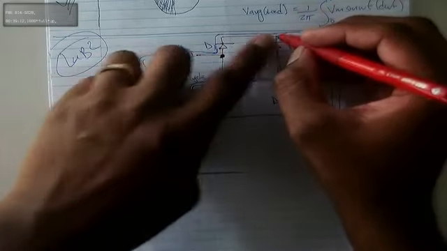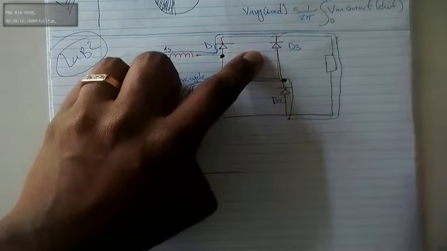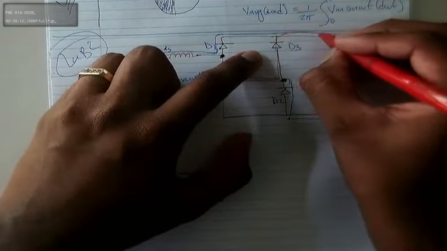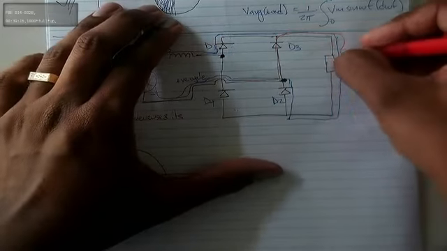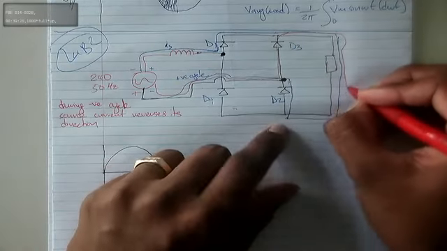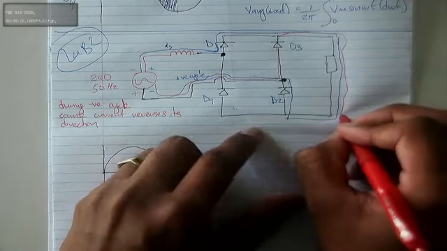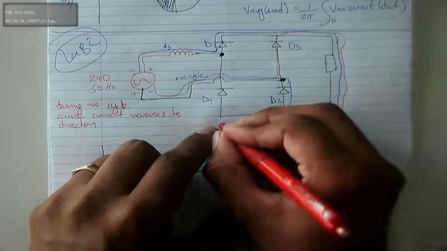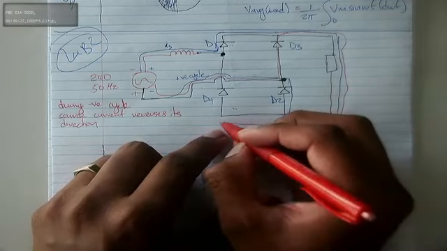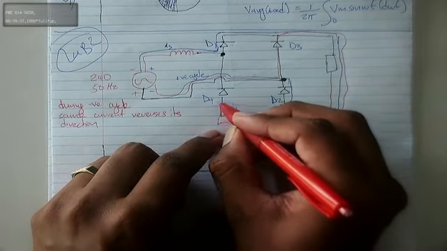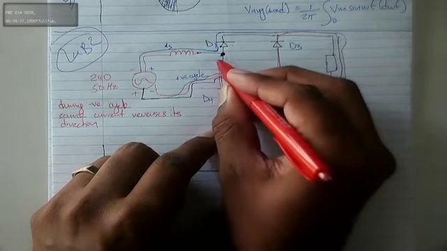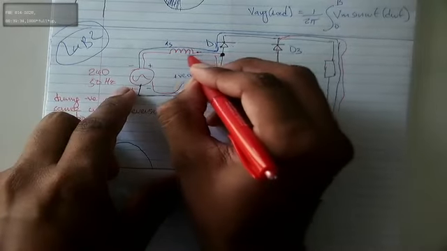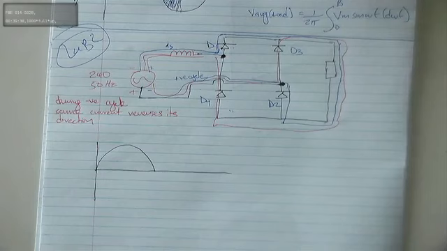At D3, it won't come in this direction, it is going to go towards the load. Comes here, comes down here, comes to D4, comes up here and goes out to negative. Okay, this is the negative cycle.